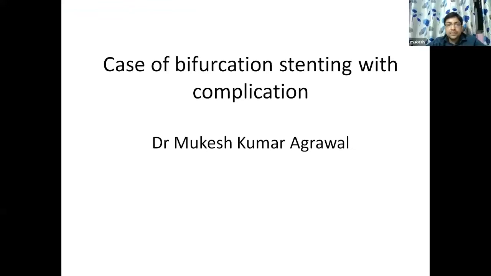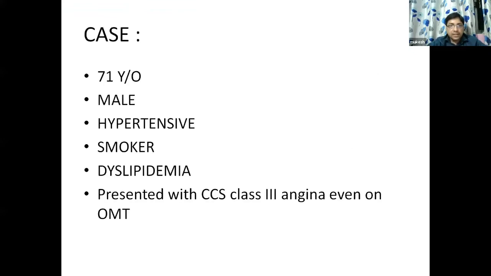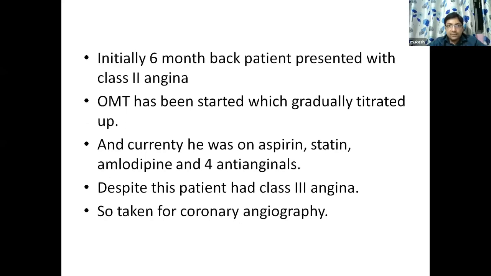Good evening, sir, and good evening, everybody. Today I am presenting a case of bifurcation stenting with a complication. This is a case of a 71-year-old male patient, hypertensive, smoker, and dyslipidemic, presented with class 3 angina, even though the patient was on optimal medical therapy. When I first saw this patient 6 months back, he had class 2 angina.